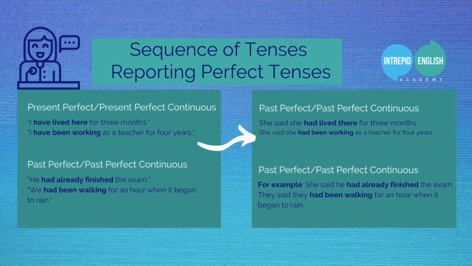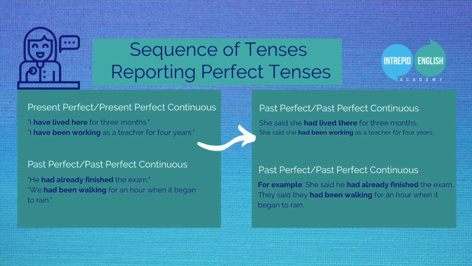So have in the present perfect becomes had in the past perfect. Lived, now that stays the same, that's still the past. And here becomes there. Whereas present perfect continuous, I have been working as a teacher for 4 years.